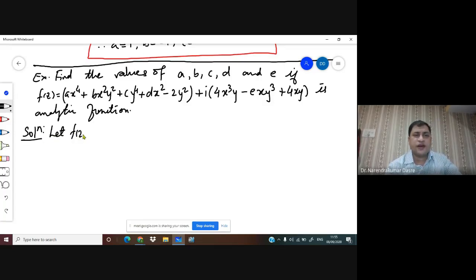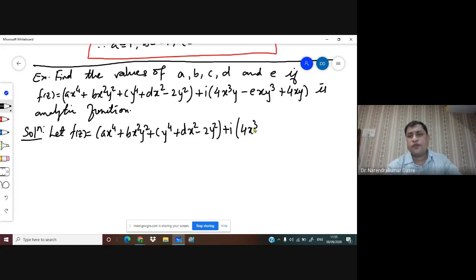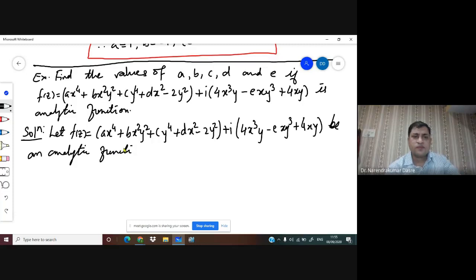Let f of z be equal to ax raised to 4 plus bx square y square plus c y raised to 4 plus dx square minus 2y square plus i times 4x cube y minus e xy cube plus 4xy, and it is an analytic function.